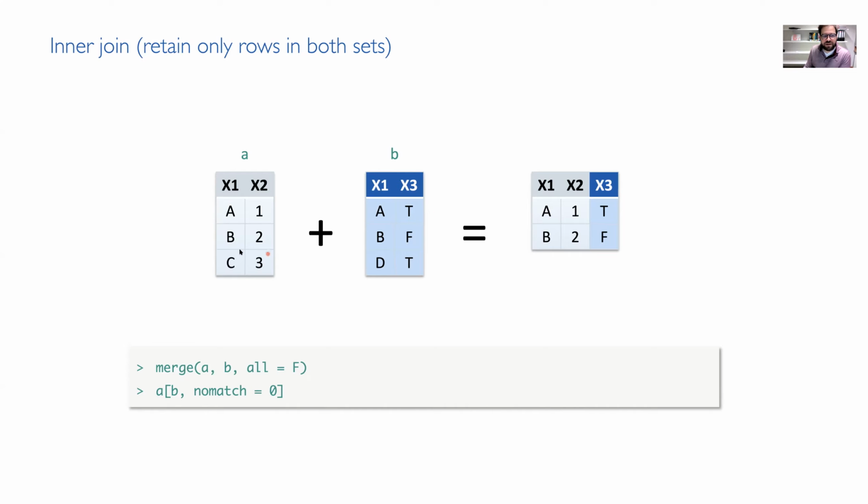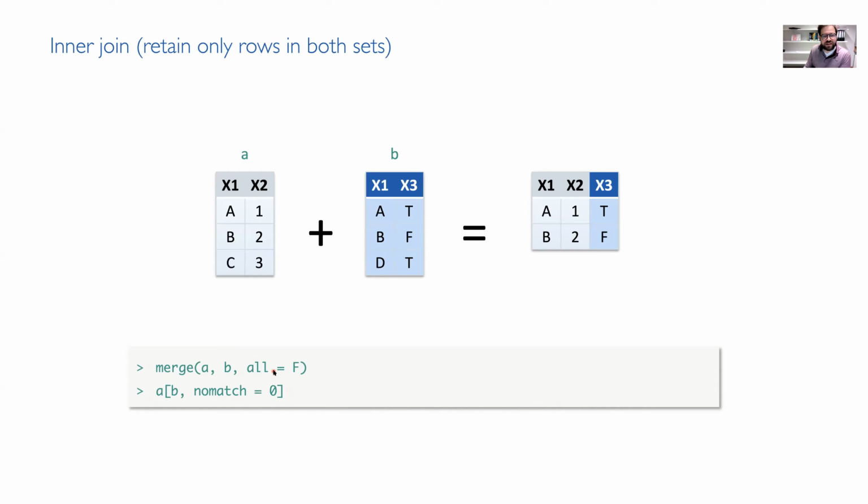For example, C is only in the left table, D is only in the right table, and none of these ends up in the final results. That's the inner join. Again, there's a merge command for that. We just say all equals false, and there's also a shorthand notation with an additional argument for that.